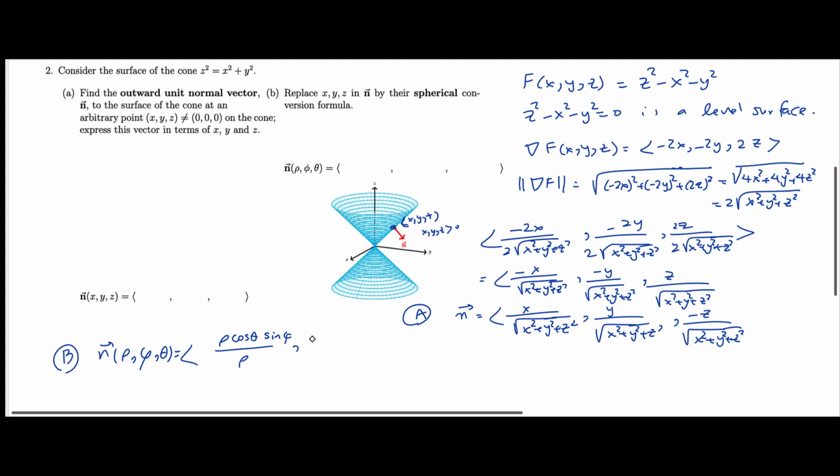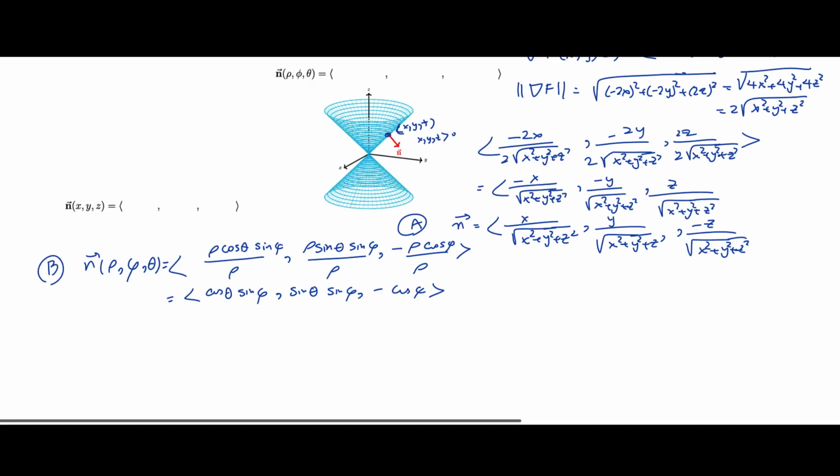And then y is rho sine theta sine phi over rho. And the last one is minus rho cosine phi over rho. So rho and rho simplify and you get cosine theta sine phi, sine theta sine phi, and negative cosine phi.